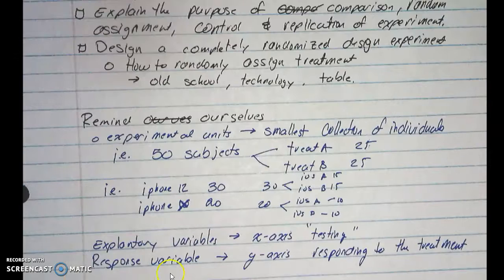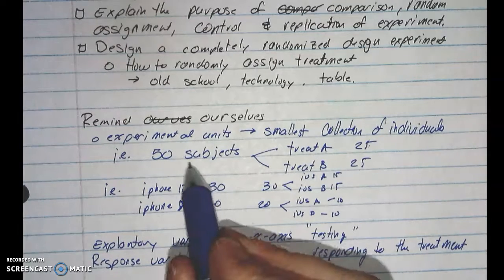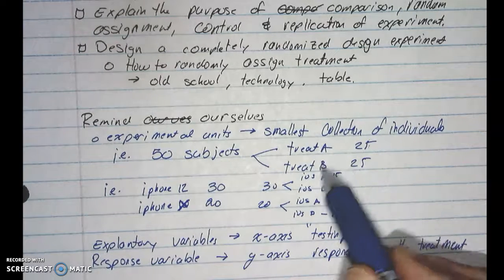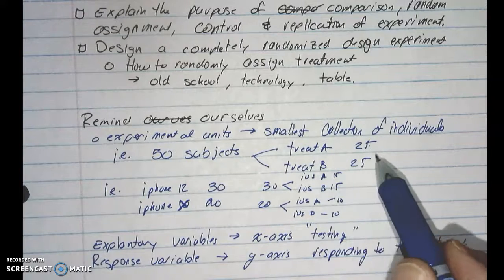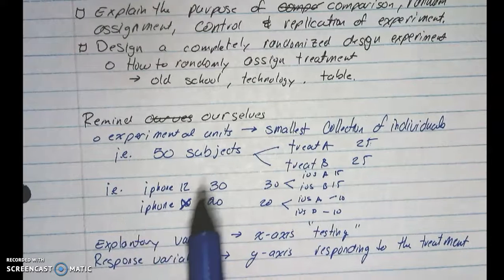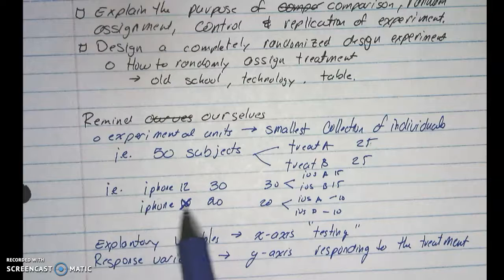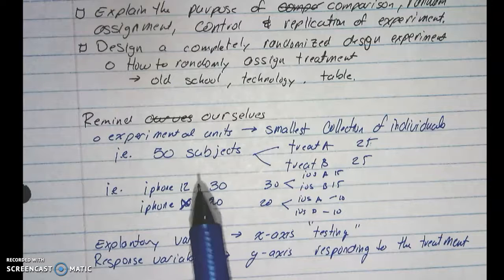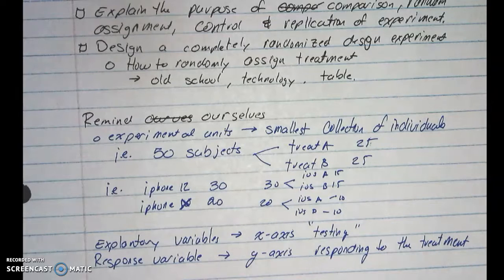For you guys to review real quick as I tell them at home. The experimental units, smallest collection of individuals. I did 2 examples. We talked about if we had 50 subjects, we could break them up into 2 groups of A and B. Both of them are 25. We could also have a group where we have 2 different types of iPhones. So we have the 12 and then the X or Extreme.